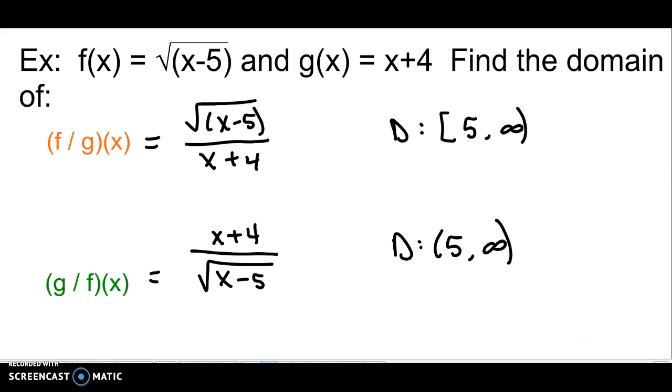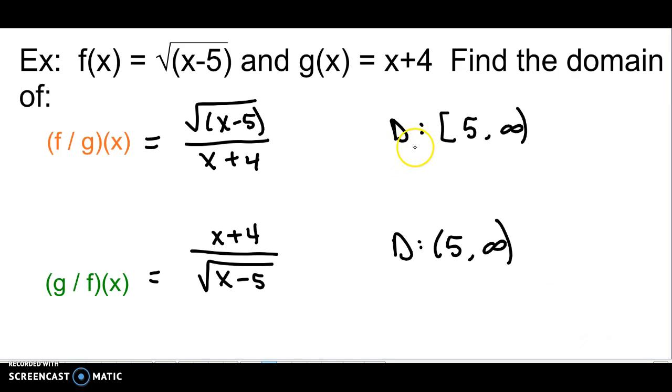Okay, so notice that I started with both by just finding out what those functions would look like when I combine them with division. So I have the square root of x minus 5 up top here, and then I have it in the denominator here. Now, my domain, think about the x values I could have.